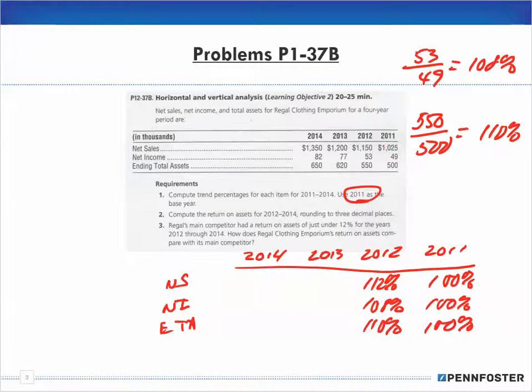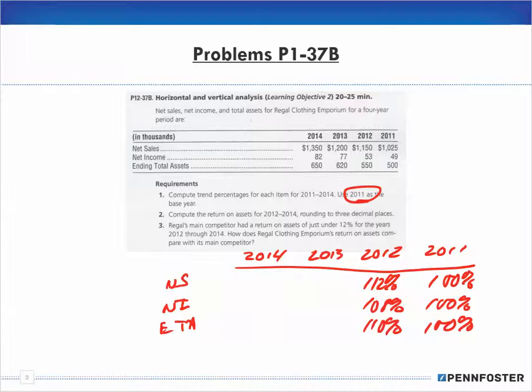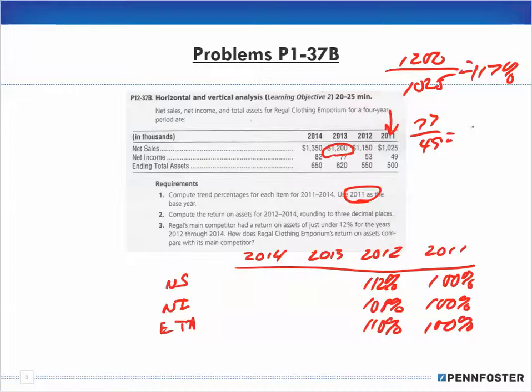Then I'm going to do the same thing going into the next year. I'm going to take the 1200 and divide it by the base year of 1025, which gives me 117%. 77 divided by the base year of 49 gives me 157%. 620 divided by 500 as the base year gives me 124%.